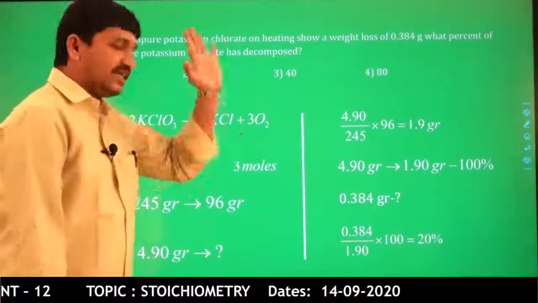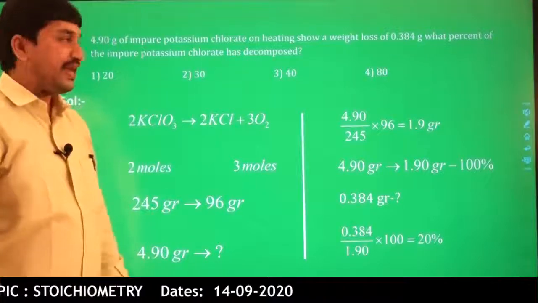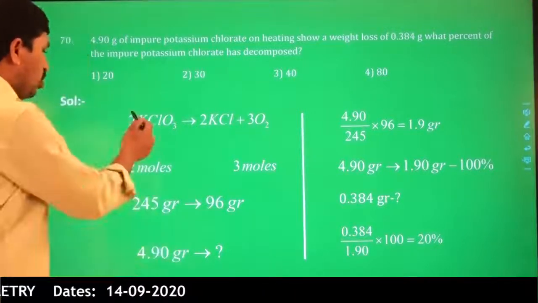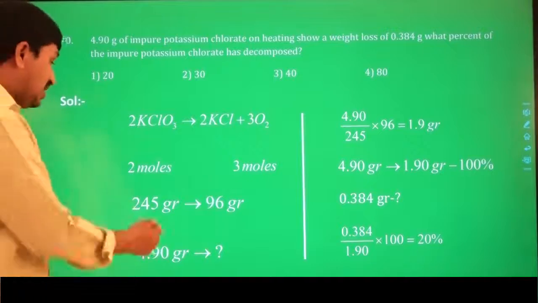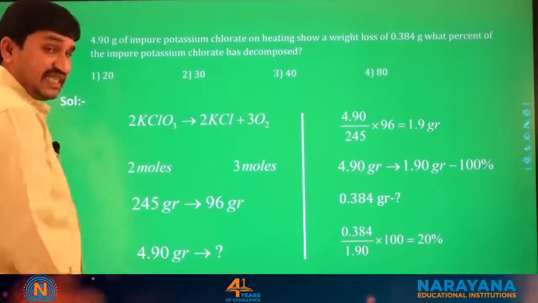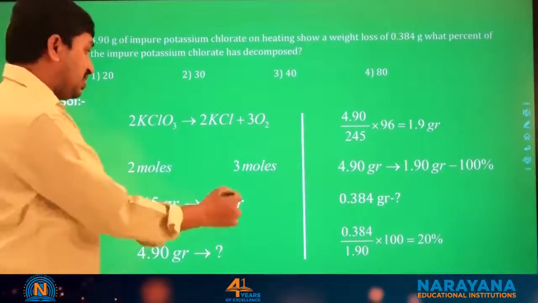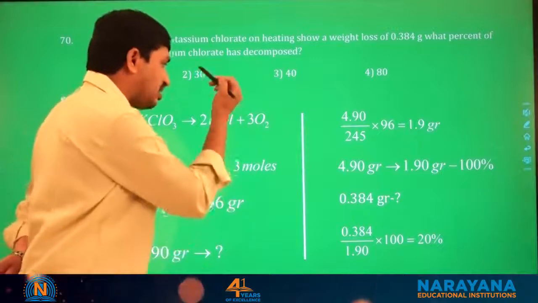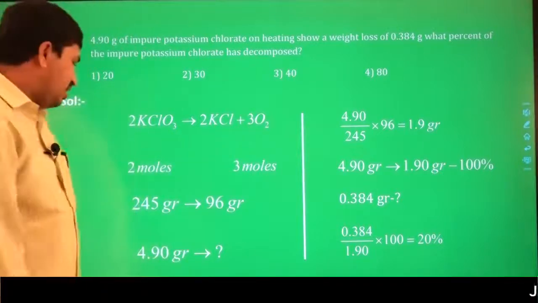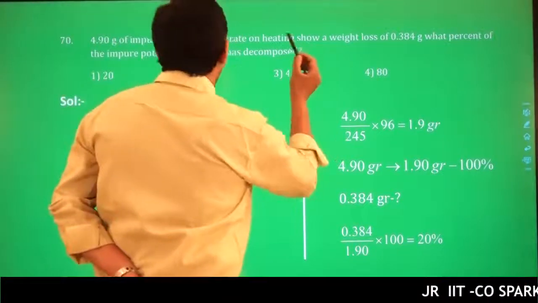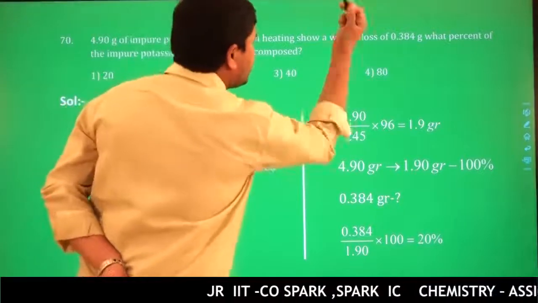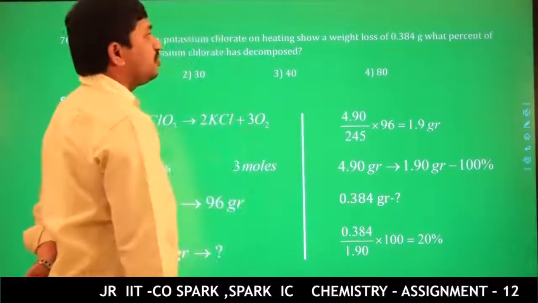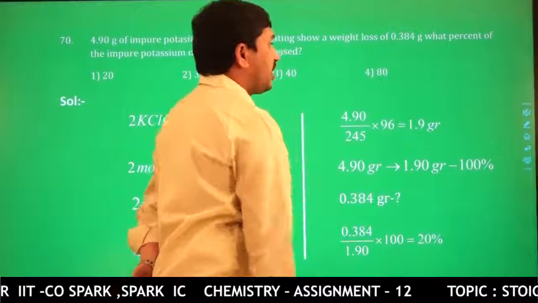It is the loss of weight by mass here. 2 moles of KClO3 weigh 245 grams. That means 245 grams of KClO3 thermally decomposes to lose 96 grams of O2. Got it? Then he asked, 4.9 grams of the sample decomposes by losing a weight of 0.384 grams.